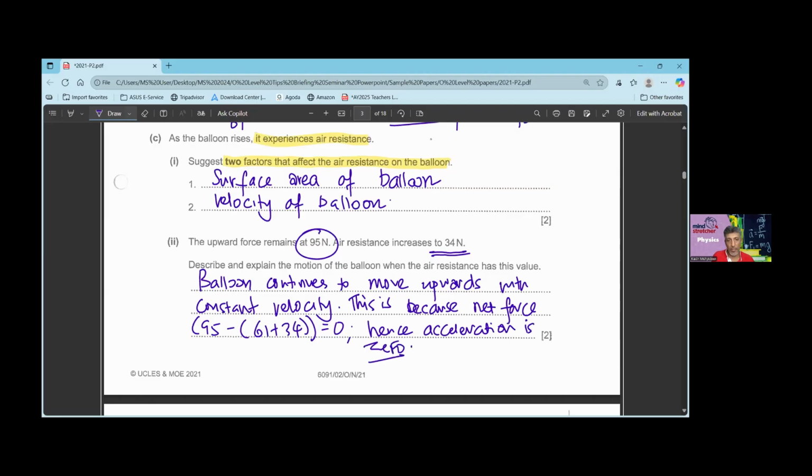Okay, no acceleration. So what actually happens here is when the forces are cancelled, 95. So now the downward force is also 95. This plus this is 95. Hence the net force is 0. Hence acceleration is 0.